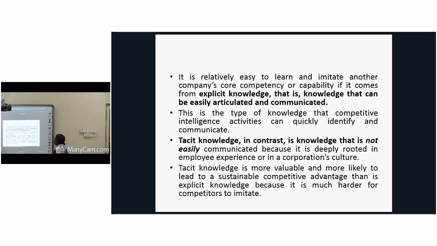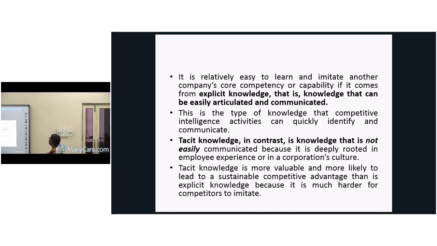Tacit knowledge, in contrast, is knowledge that is not easily communicated because it is deeply rooted in employee experience and the organization's culture. Right? So if you can keep your competencies as tacit knowledge, the competitors cannot imitate and your advantage will be sustainable.